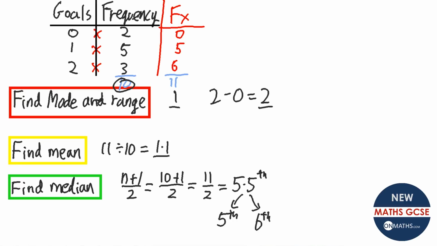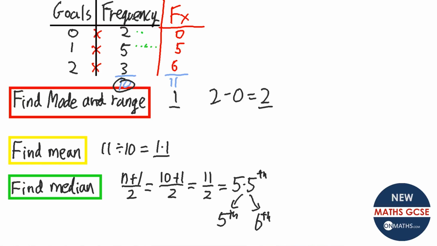So looking at the table, I know that there were 2 in the first group, so 1, 2. The next 5 were in the next group. Okay, so we've got the first 2 in the top group. So 1, 2, 3, 4, 5, 6, 7.